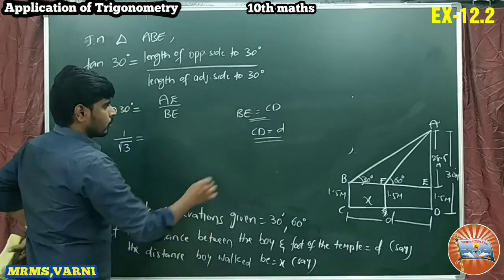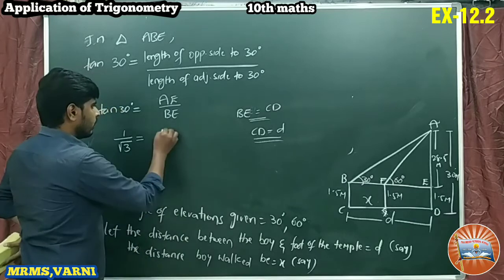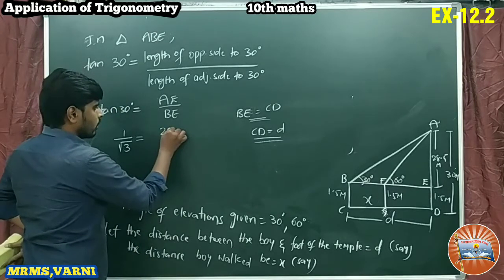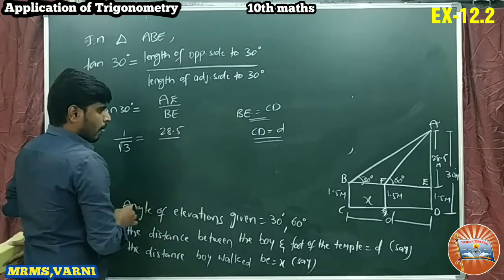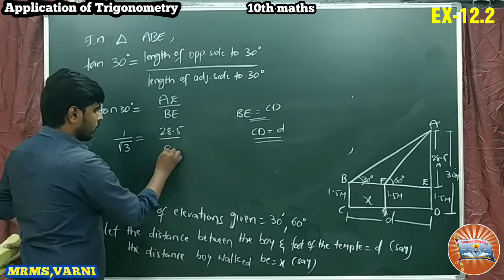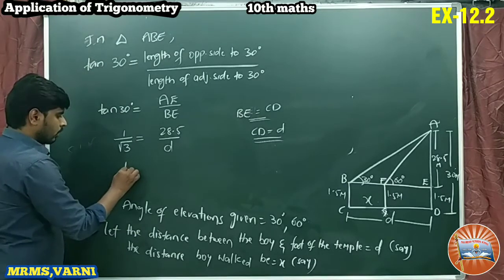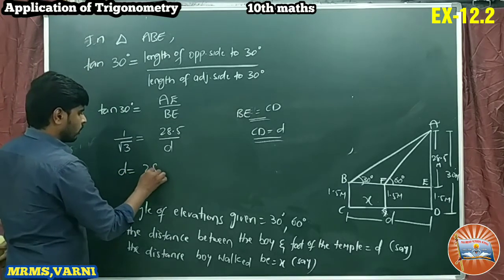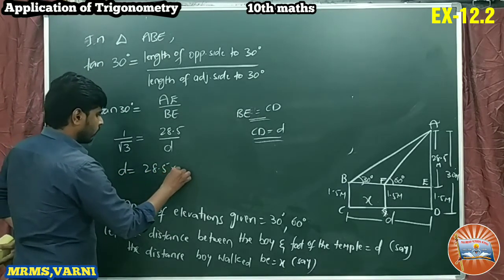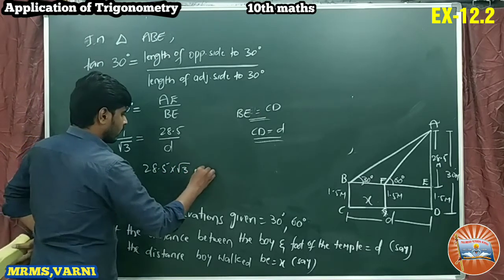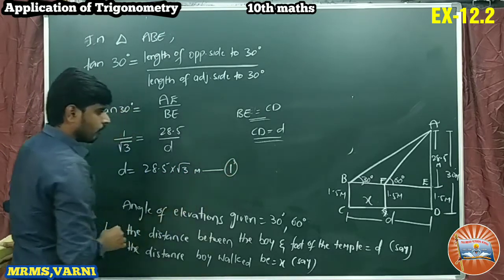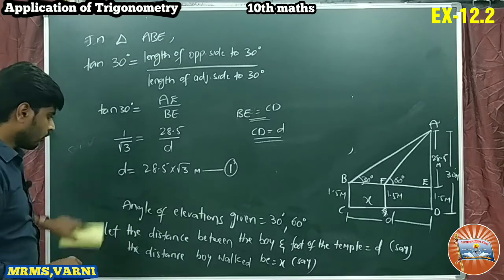BE is equal to CD, CD equals D. That is why AE value we have 28.5 by CD value we have D. Take the cross multiplication. What does it become? So D is equal to 28.5 into root 3 meters. Consider it equation 1. Is it clear?